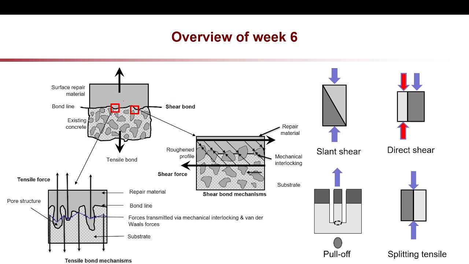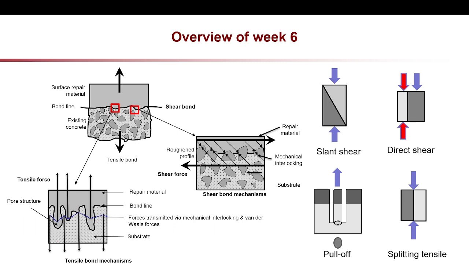To avoid tensile stresses, this kind of surface preparation is required. If we have more surface area, we can avoid tensile stresses between these two materials, and we can increase the tensile bond between the substrate and the repair material.